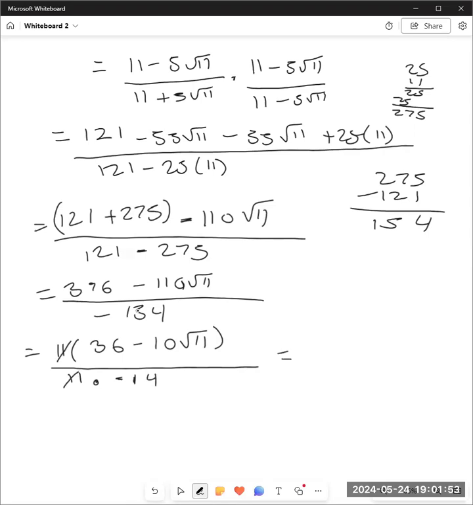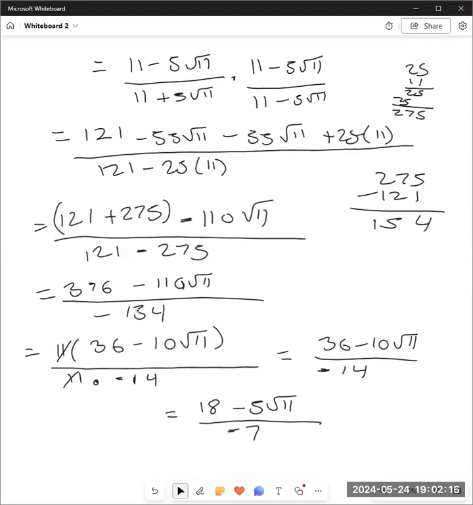So that's going to be 36 minus 10 root 11 over negative 14. Well, they still have a common factor of 2. So let's make that 18 minus 5 root 11 over negative 7. And that is what my tangent of theta plus pi over 4 is.